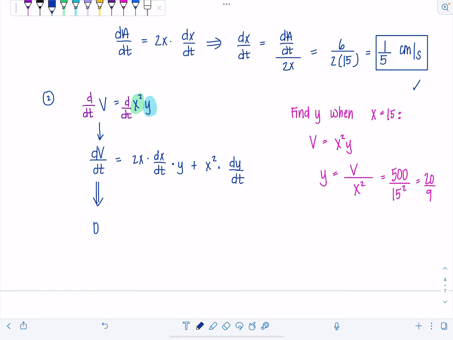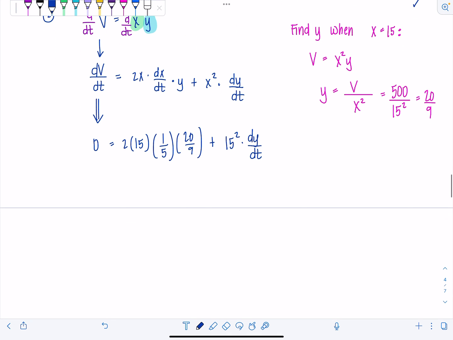This is going to be 0 equals 2 times 15 for x. My physics teacher would be mad at me right now, but whatever, I'm just doing it. dx/dt was 1/5, and y is 20 over 9, plus x squared, 15 squared, times dy/dt.